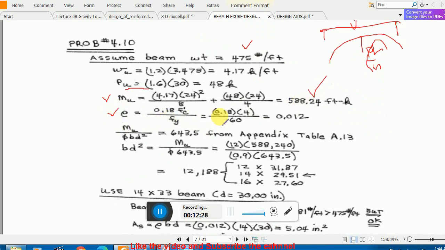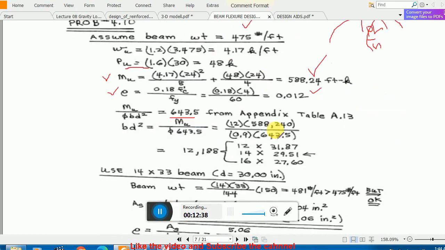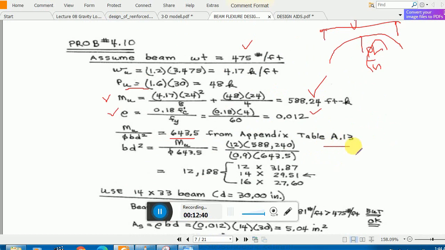Again I need to find out your rho value, which is already given. I am using this rho value. Again I have to find out this value against this value, 0.012. Go to the table. The table is mentioned here. Go to table A13 and find out this value against the rho value.